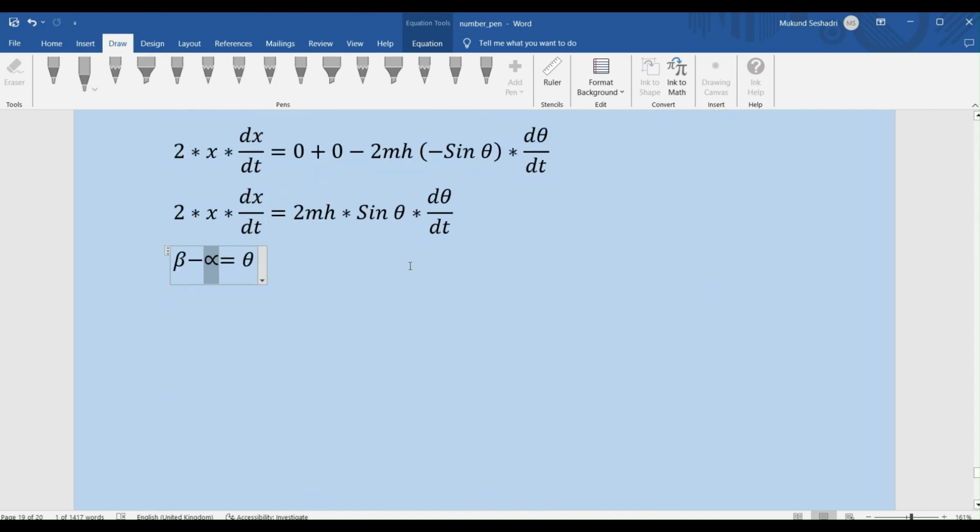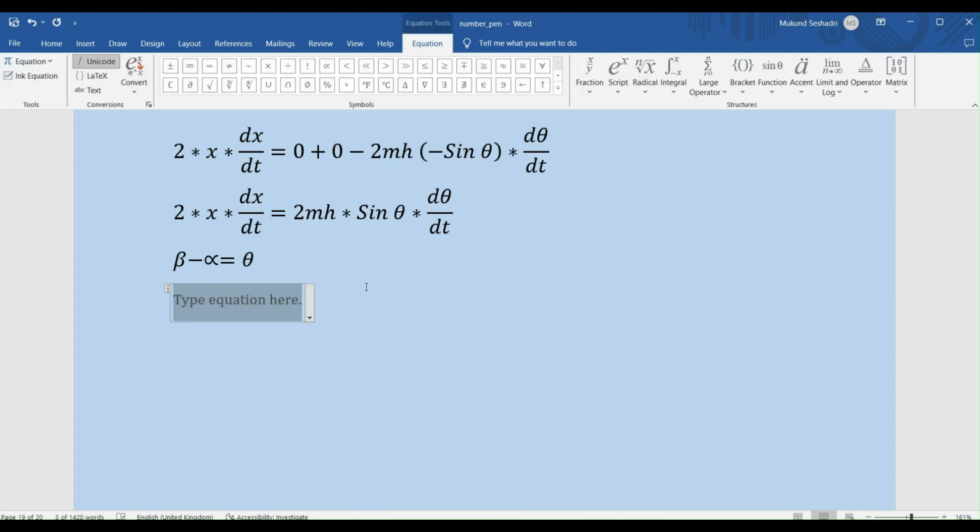And I'm going to differentiate it with respect to time on either side, which makes it d beta by dt minus d alpha by dt equals d theta by dt.